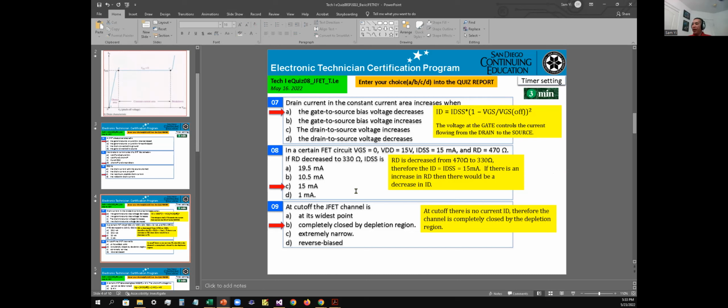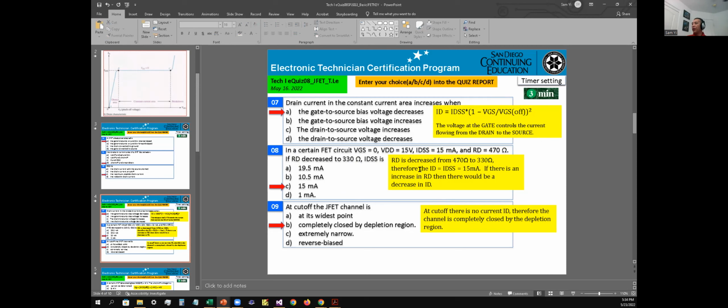Number 8, in a certain FET circuit, VGS equals 0, VDD equals 15 volts, IDSS equals 15 milliamps, and RD equals 470 ohms. If RD decreases to 330 ohms, what is ID? So RD is decreased from 470 to 330.